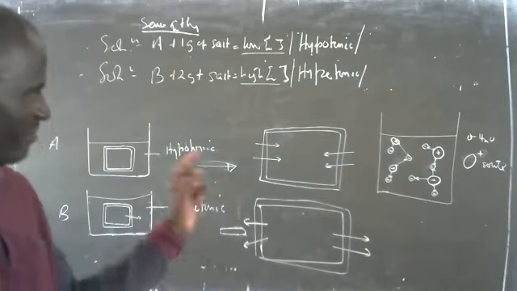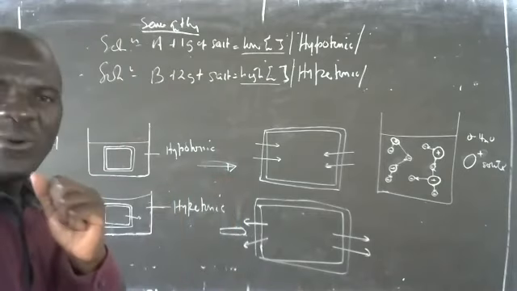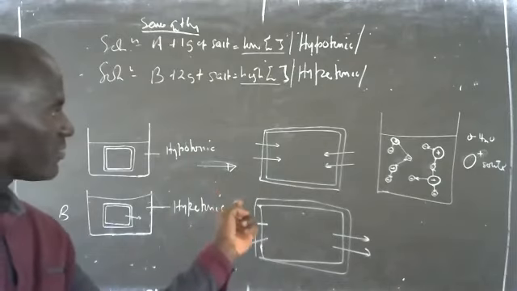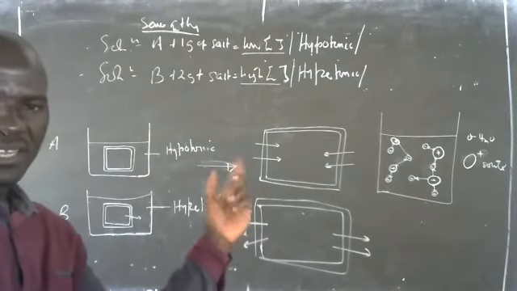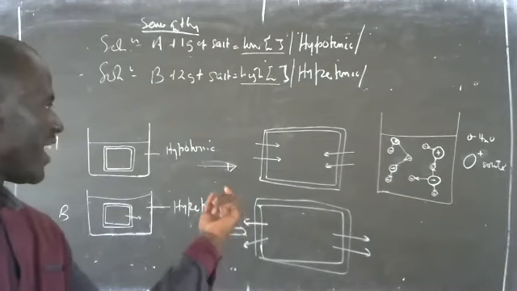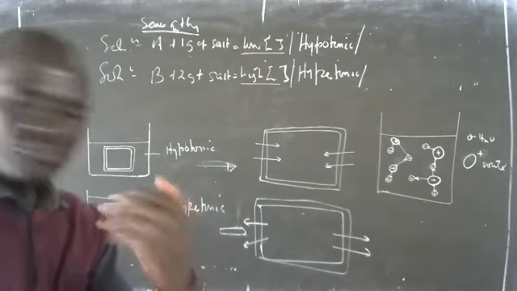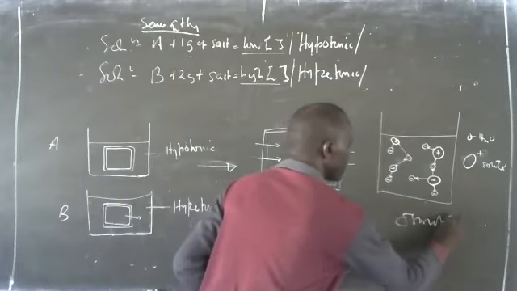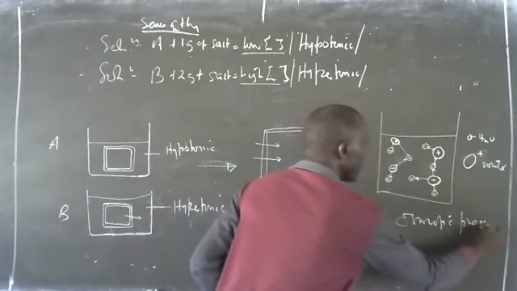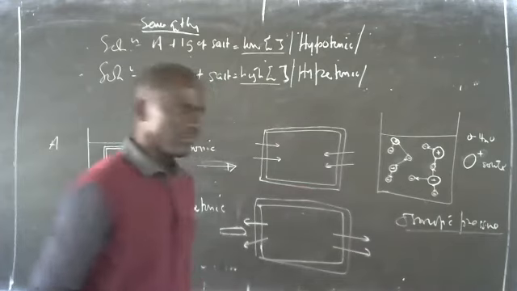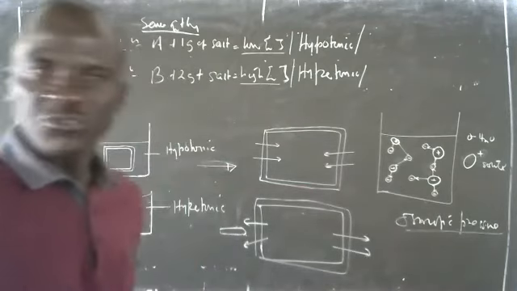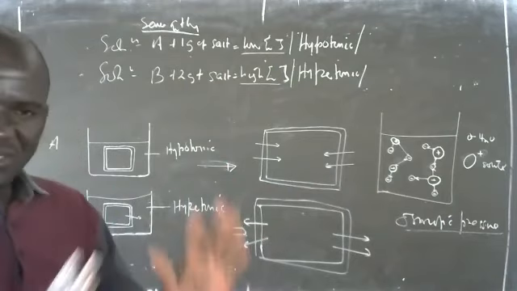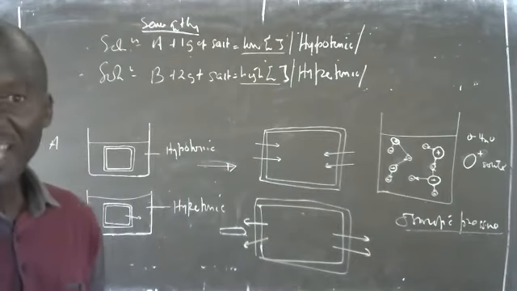But here I want to put in something. There's what you call water potential. Before I go to water potential, I want to talk about osmotic pressure. When I talk of osmotic pressure, I'm referring just to a concentration. The higher the concentration, the higher the osmotic pressure.